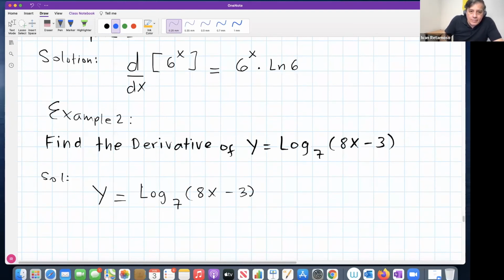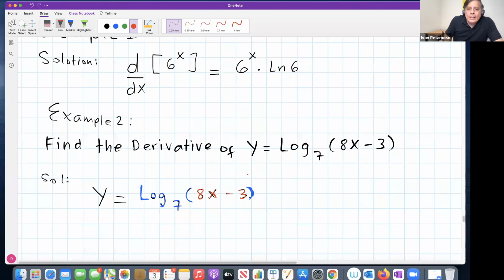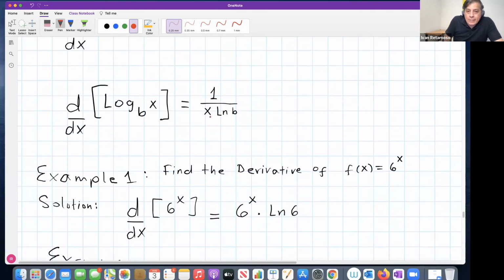So first step, let's clearly identify what our outside function is. It happens to be log base 7 of something. This something is our inside function, 8x minus 3. So let's apply the chain rule together with the formula that we have here.